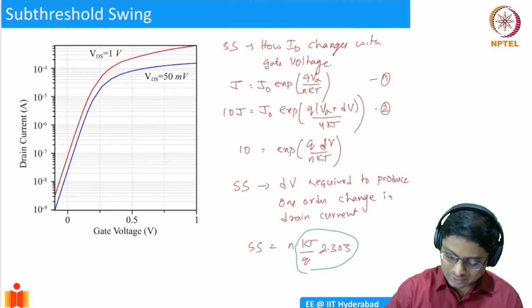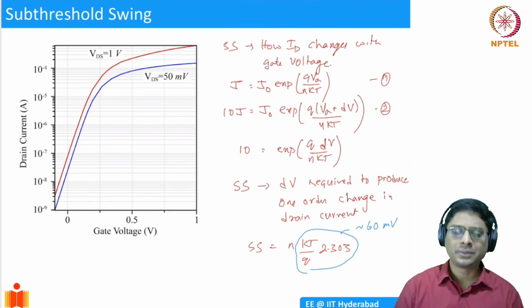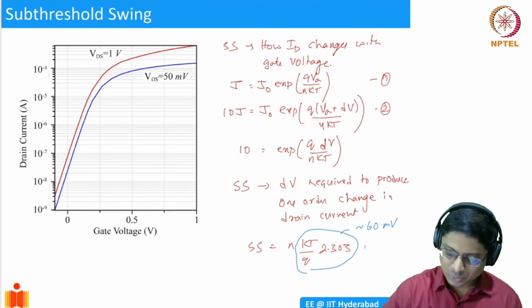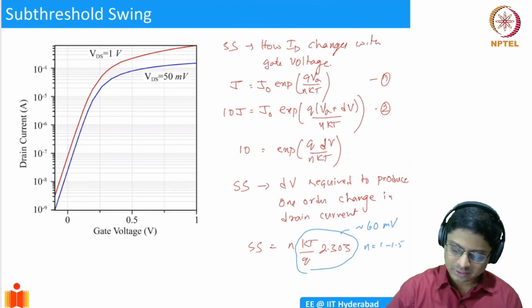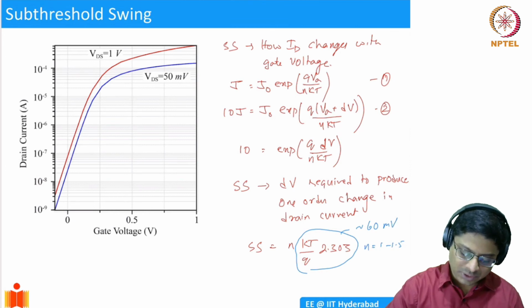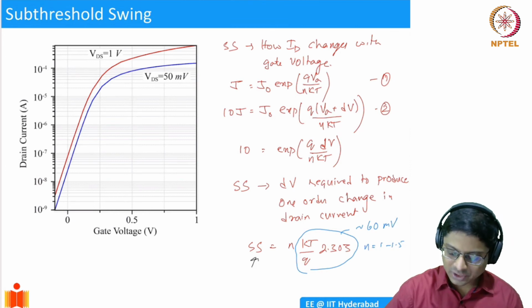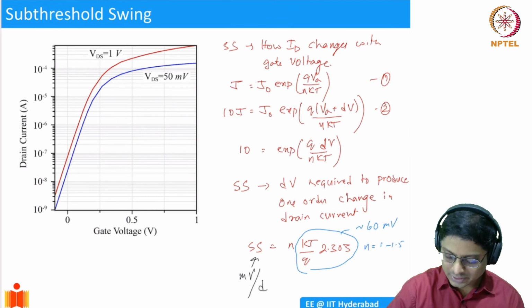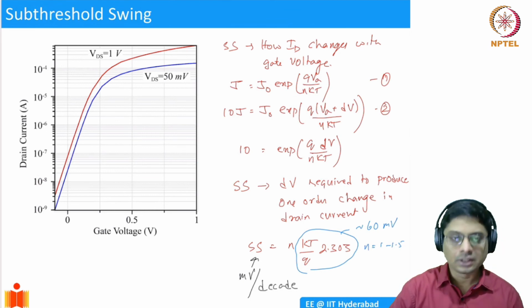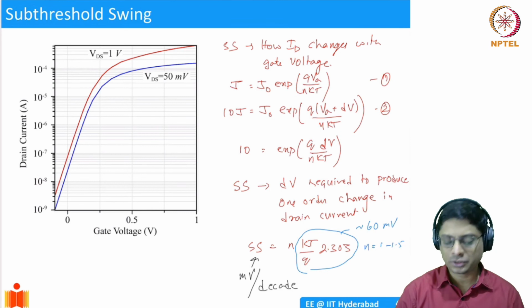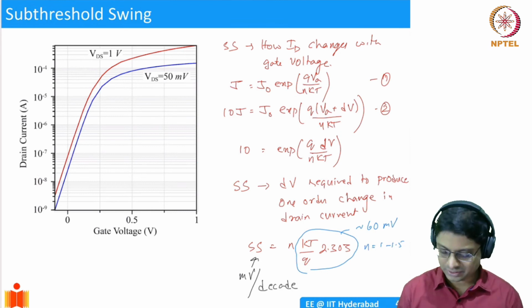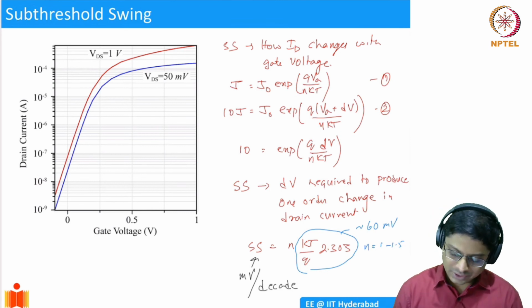This is roughly 60 millivolts. And n is going to be between 1 and 1.5 in most MOSFETs. So the subthreshold swing is a very important quantity, which we define as some number of millivolts per decade. How many millivolts of gate voltage change should there be to produce 1 decade change in the current? So that is what we are seeing here.